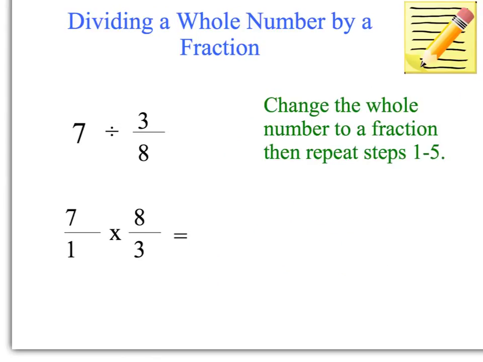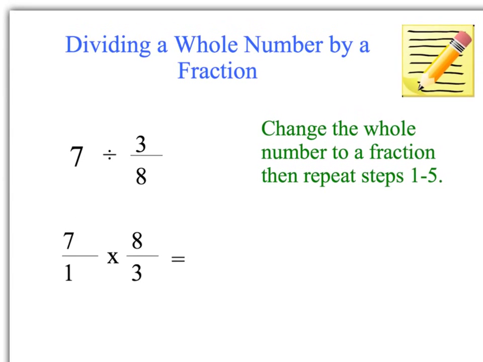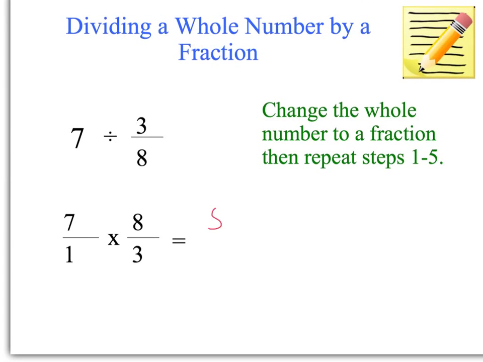When we're dividing a whole number by a fraction, we do the same thing. You just have to make sure that you always flip the divisor, so the second fraction. So here, 7 divided by 3/8 is actually 7/1, so we've changed the whole number to a fraction. Then we've changed the division sign to multiplication and flipped the second fraction over. So 7 8s are 56, and 1 3 is 3.